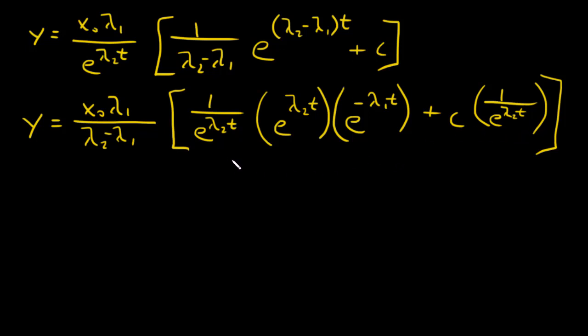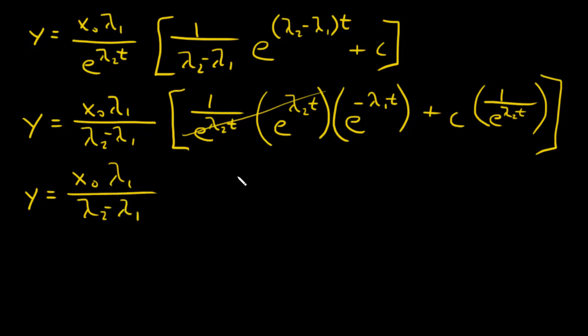Alrighty? So you can already see what's going to happen. I've got 1 over e to lambda 2t times e to lambda 2t, and so these two are going to become a 1. So y is equal to x naught lambda 1 over lambda 2 minus lambda 1.